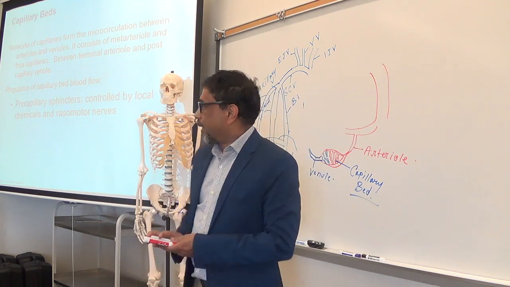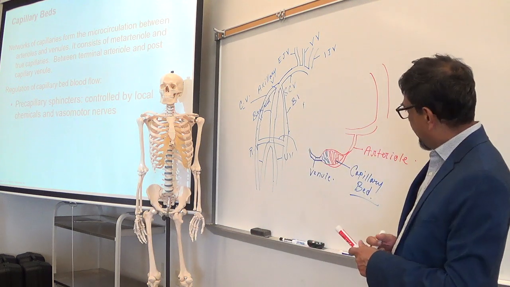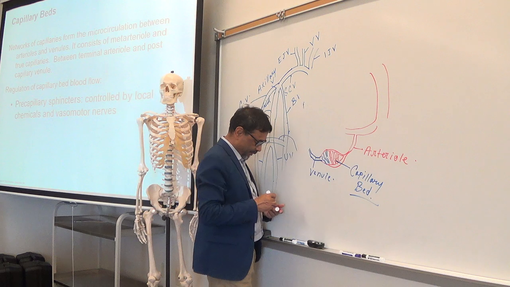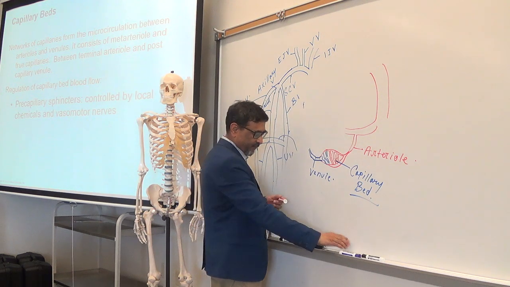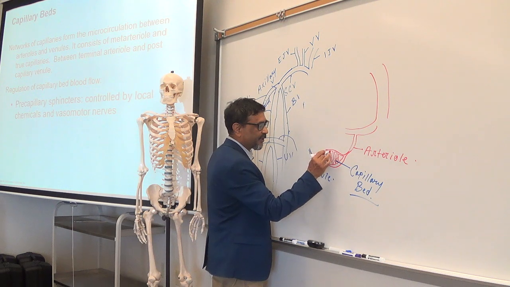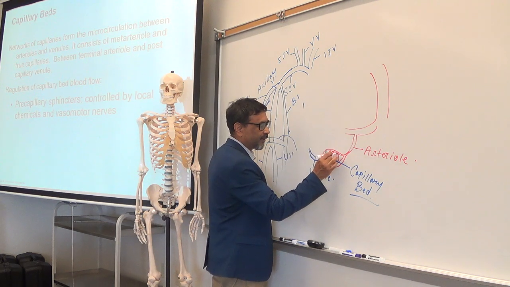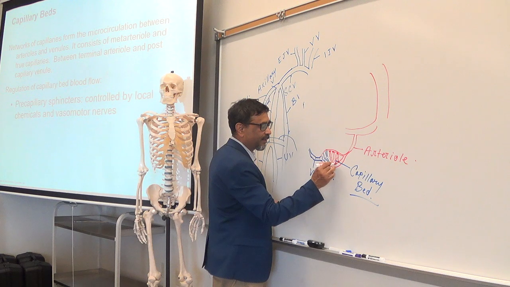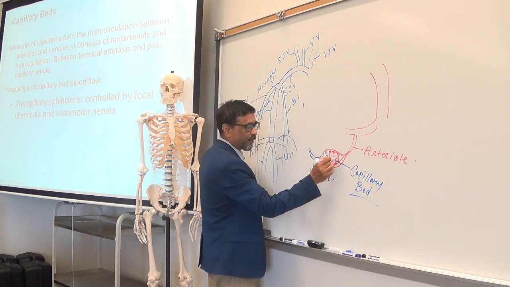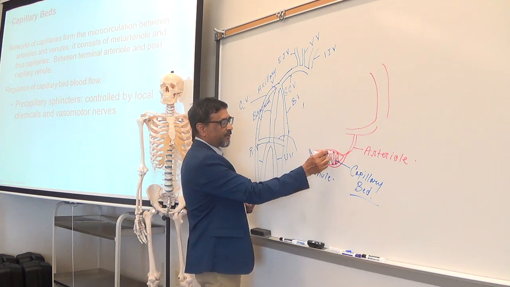Now, in the capillary bed, you will see many sphincters. They control the amount of blood that enters into the network or capillary bed.